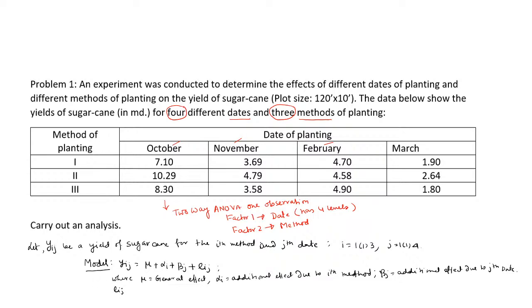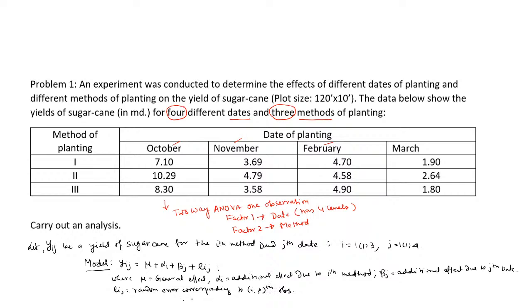Eij is a random error corresponding to ijth observation.